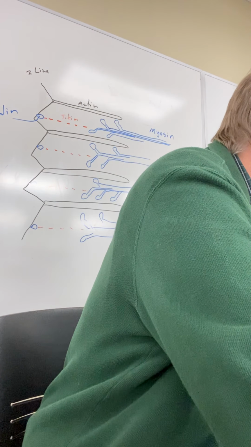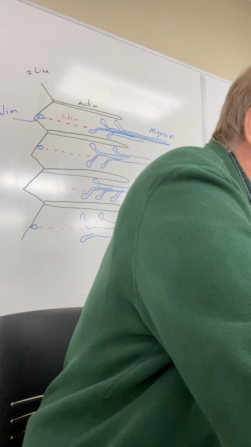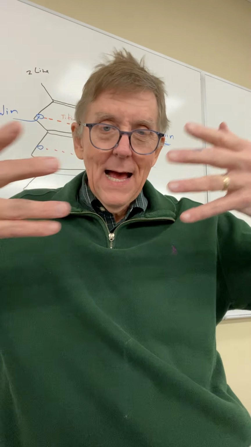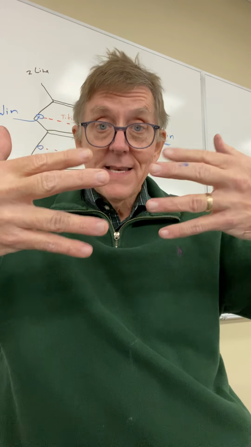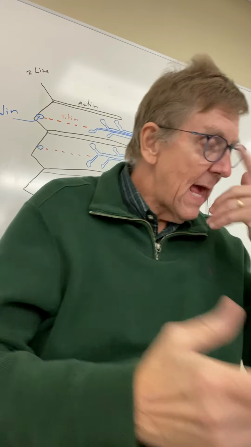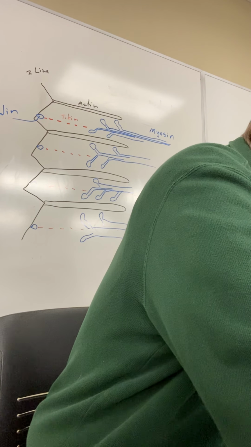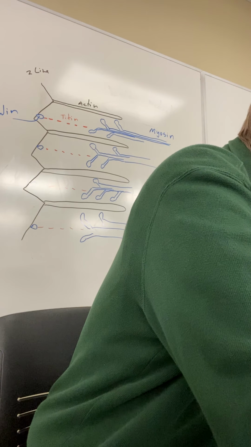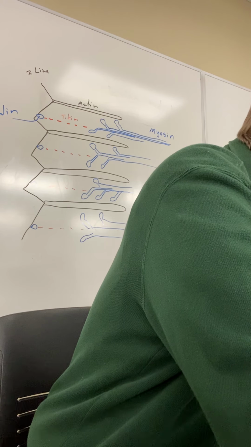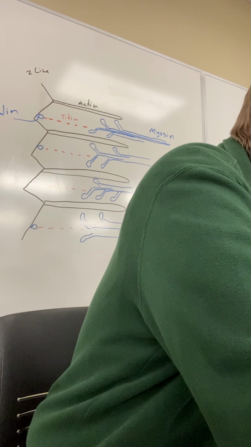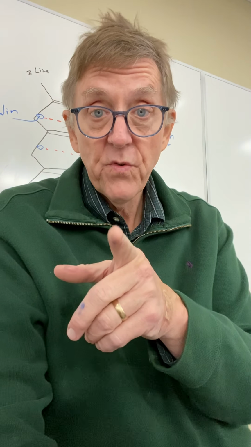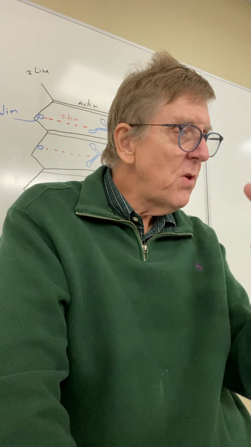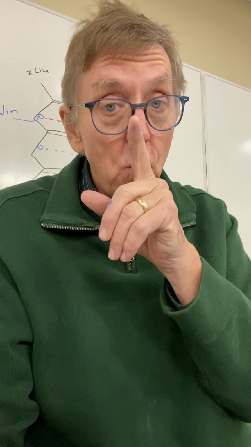And then we go to the sliding filament theory. So we had said we've got a Z line on either end, and they have actin, right? So attached to each of those Z lines, we have actin. And if you look back to slide number 16, you can see a sarcomere.